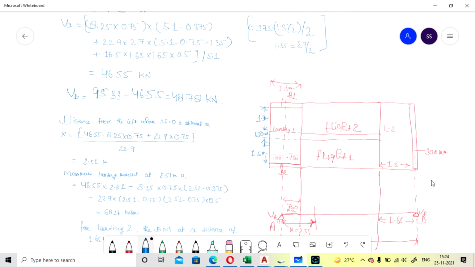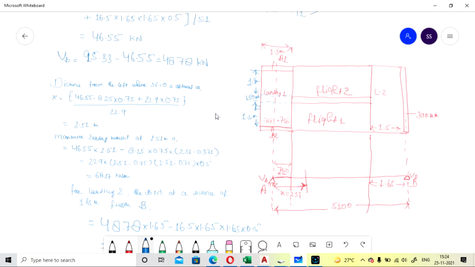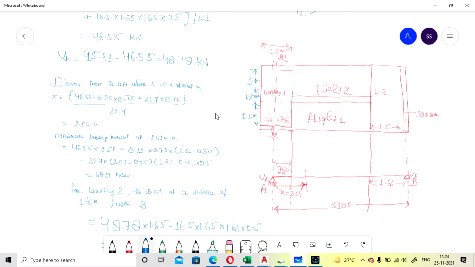Now we have both the reactions, so we can find the critical length of the shear force, where shear force is 0, from VA or A side.